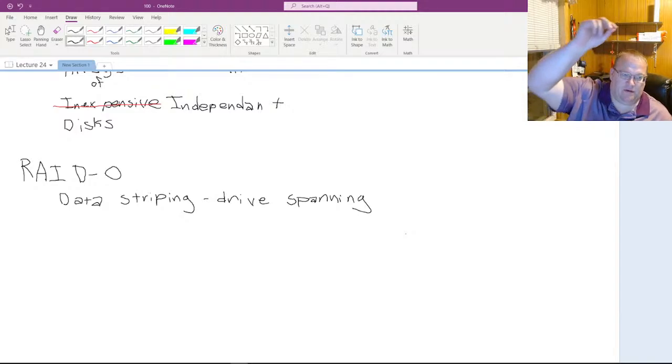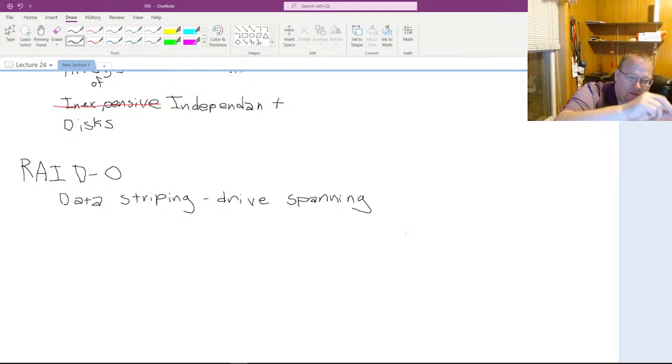And then we're going to put the first strip on the first drive, the 0th drive, and then the second strip on drive 1, and then drive 2, and then drive 3, and then drive 4, until we get to the end. And then we'll come back again to the 0th one, and we'll start there again, and we'll just continue growing. And so that's how we'll save our data.